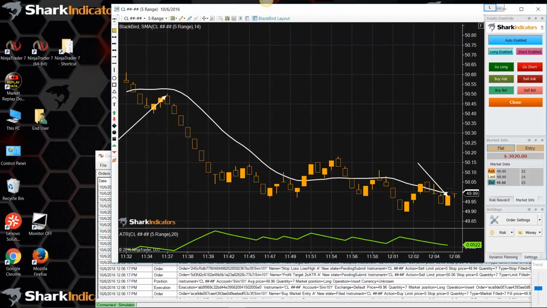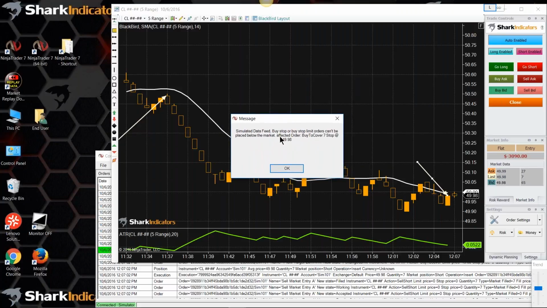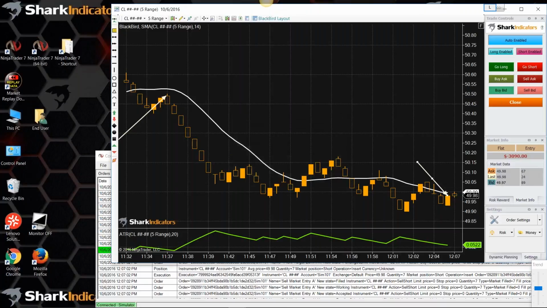Right? Because that's the high of the previous bar, which is below the market right now. So if I try to go short, it's not going to work out. You can see I got this little error message. Basically, it's telling me that my stop loss was placed at an invalid location because I'm using bar prices to set my stop loss.